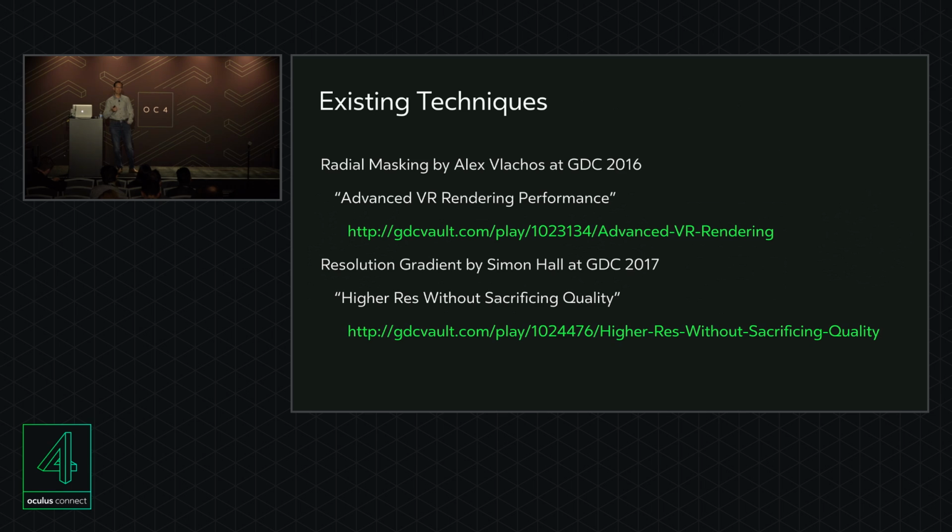One is radial masking, which was talked about at GDC a couple of years ago by Alex Vlachos from Valve. The other was talked about at this GDC by Simon Hall, where they used it for PSVR optimizations, and it's called resolution gradient. I encourage you to check out those presentations at the links provided if you haven't seen them.